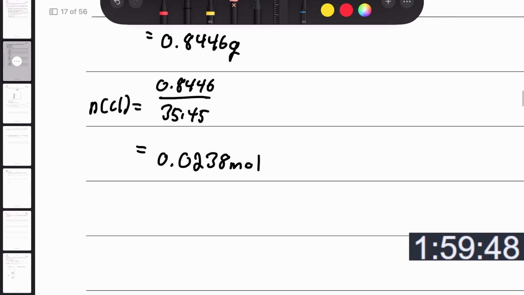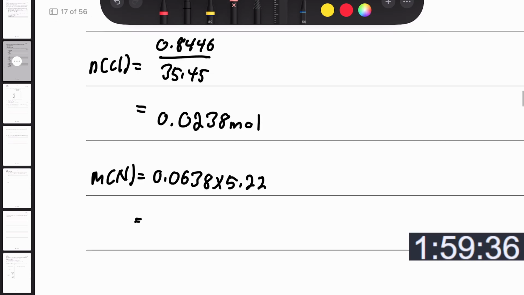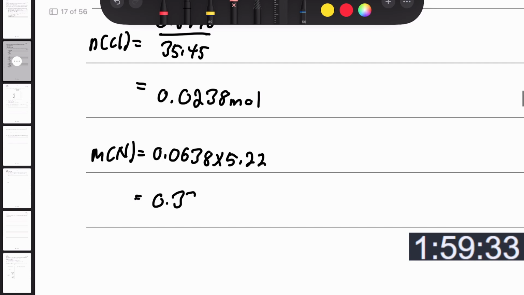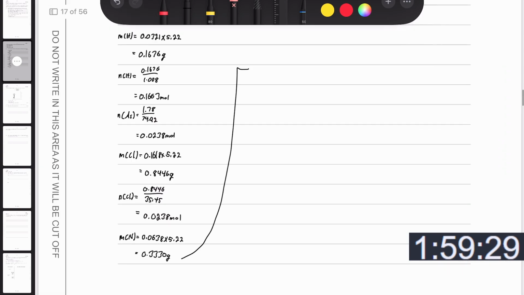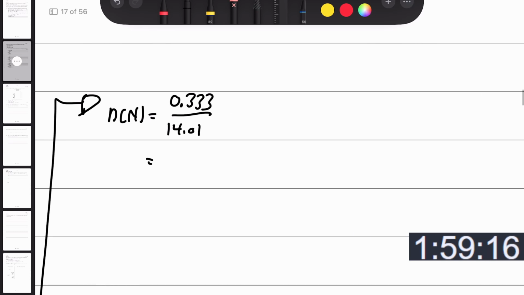Nitrogen is 6.38%, so mass of nitrogen is equal to 0.0638 times 5.22. This is 0.3330 grams. So then bring this all the way back up. Number of nitrogen is equal to 0.333 all over 14.01, which is 0.0238 moles.